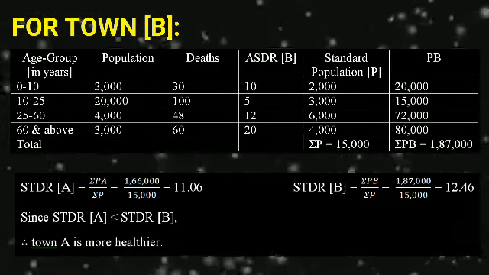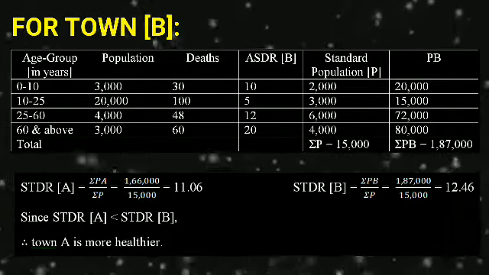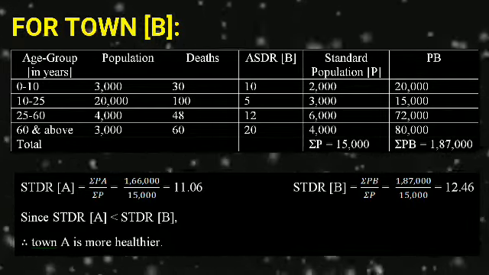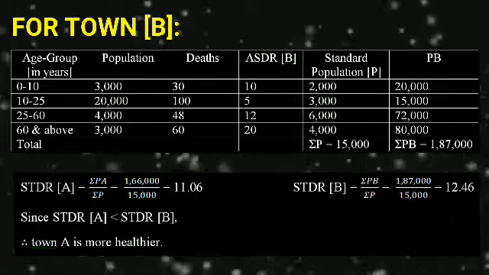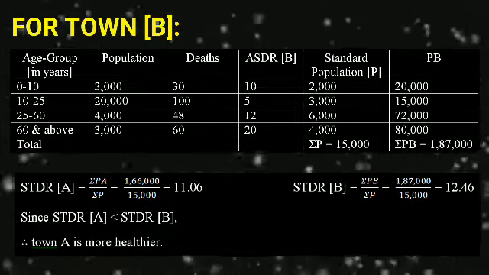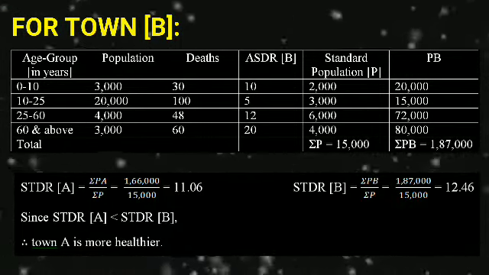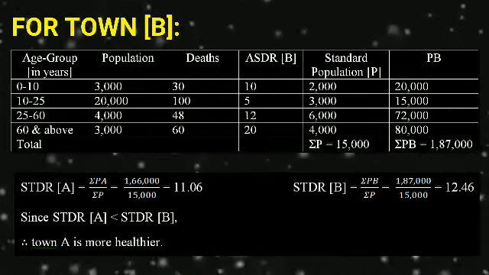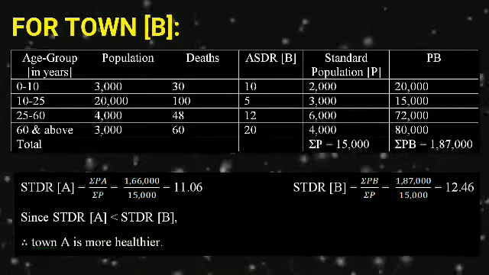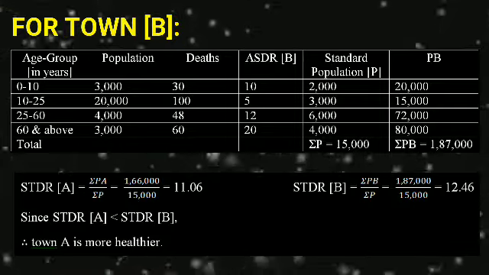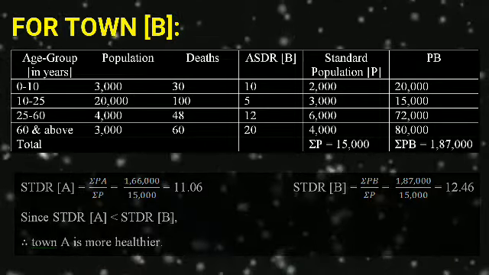Since the death ratio is less in town A, that town is considered as the healthy population. Since STDR of A is less than STDR of B, therefore town A is more healthier.